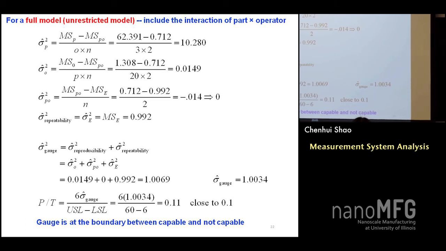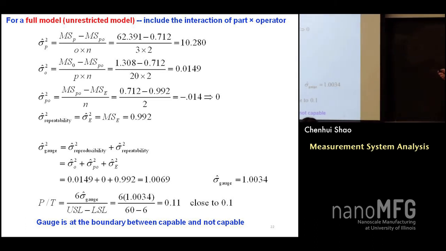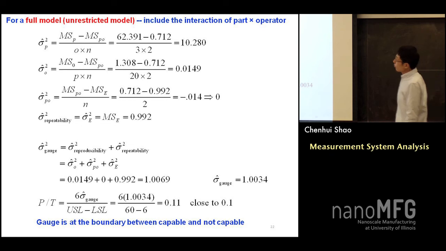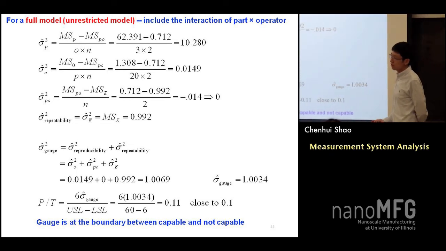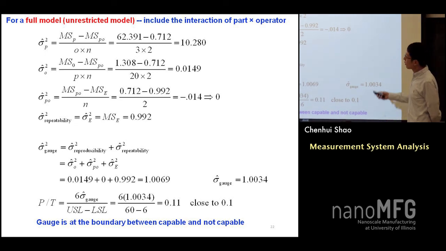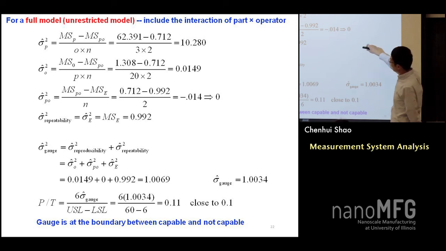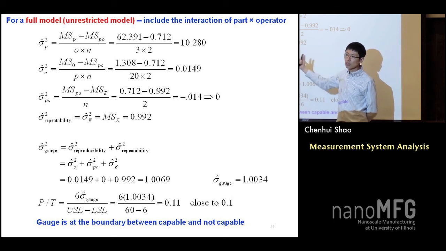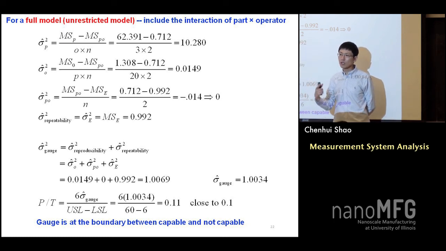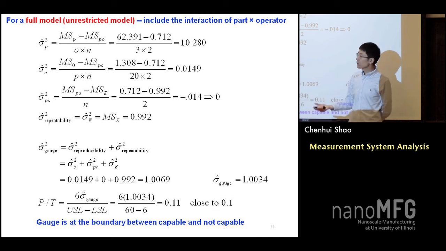Based on the mean squares for operator, process, and part to part, we can compute sigma hat square using this formula. We can calculate each term, and we have a negative value for sigma PO square. That's reasonable because we know PO, the operator interaction, is not significant at all. We just set it at 0.